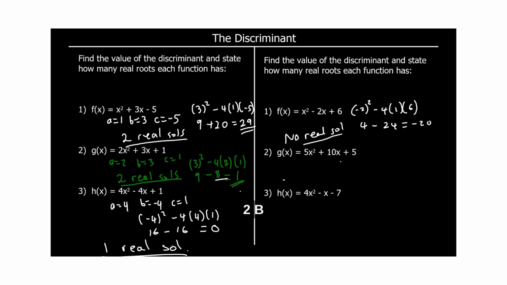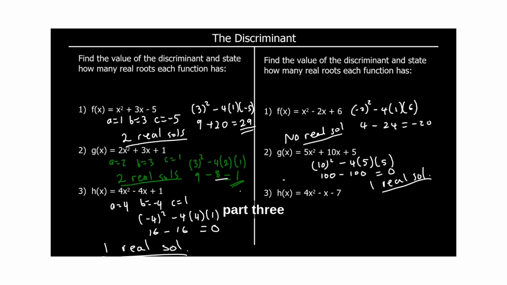Question 2, b is 10, so it's 10 squared minus 4 times a, which is 5, times c, which is 5. That's 100. Take away 100, which is 0. That's one solution.